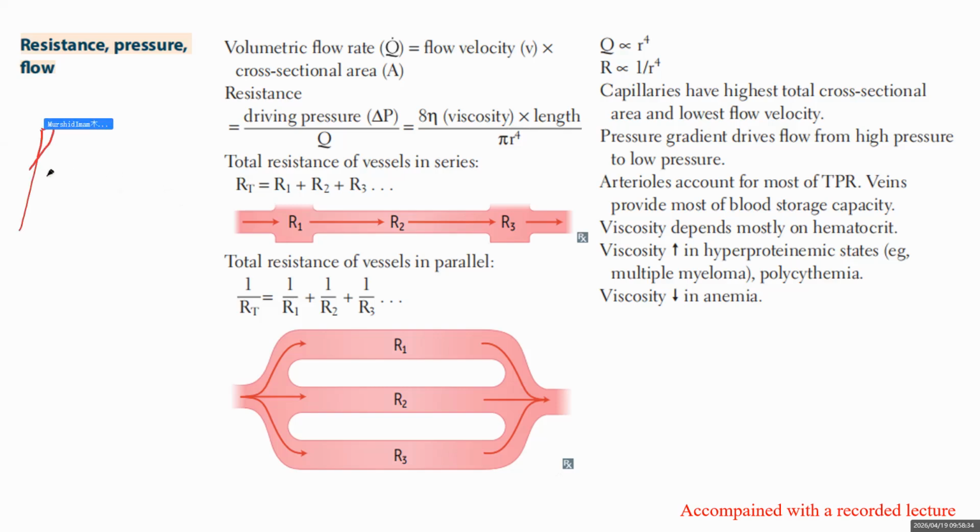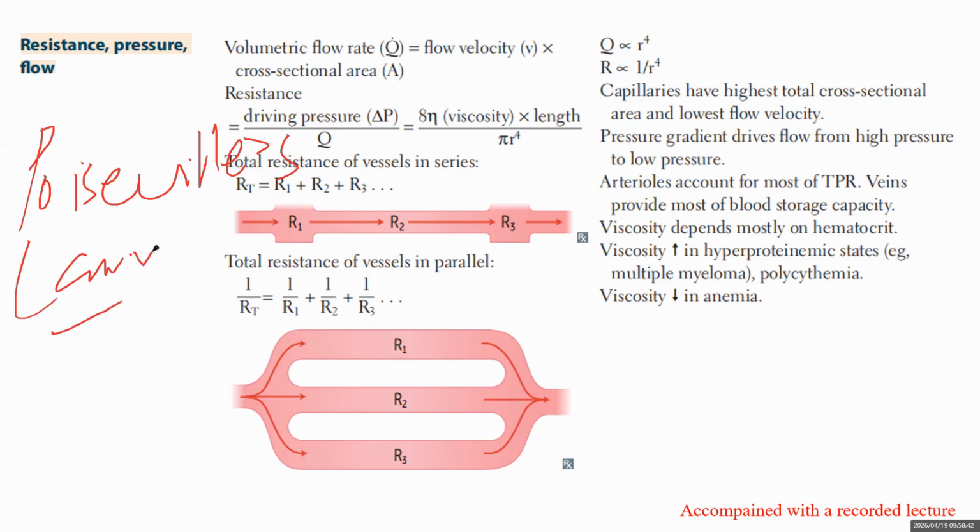Now let's reach one of the laws, Poiseuille's law. What does Poiseuille's law speak about? It tells us that resistance is directly proportional to the viscosity and the length of the vessel, and inversely proportional to the fourth power of the radius.